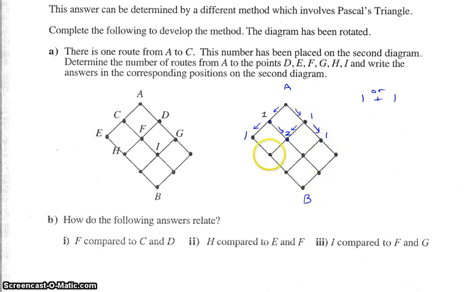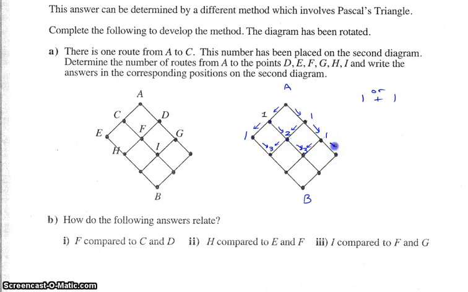And then we keep going. This point here, we could come either from here, 1, or from here, 2 ways, which means we would have 3 ways to get there. This point here, we could come from this way, which was 2 ways, or this way, 1 way, so that's going to be 3 ways, 2 plus 1.